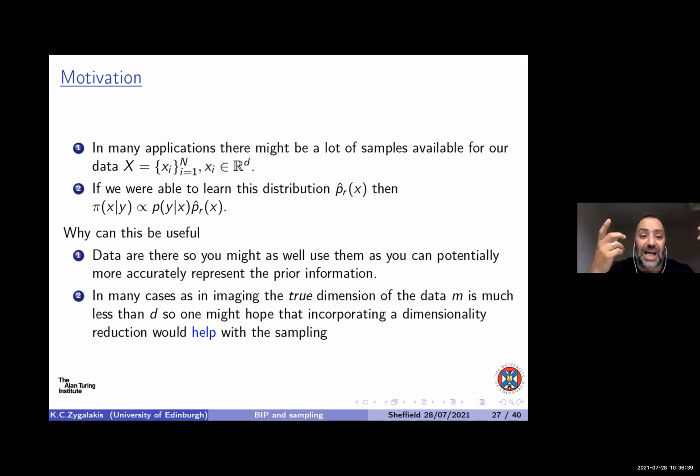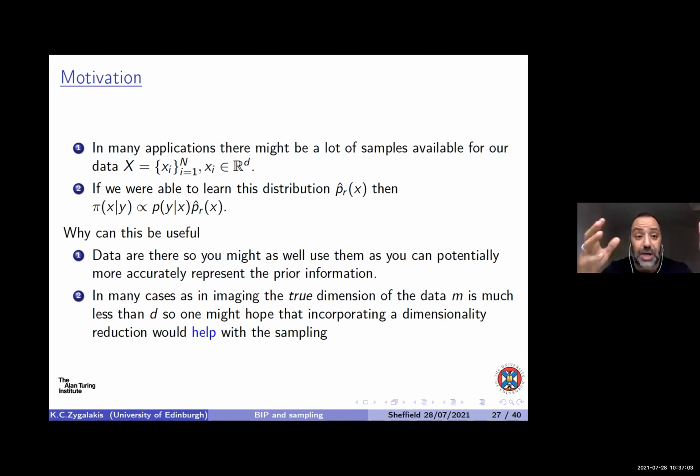Okay. Another reason why this might be interesting, and I'm going to show this to you on the MNIST example, is that the true dimension of the data is much less than the dimension that you're presented with. So for example, you might have an image that has dimension 10,000, but let's say the true dimension of that image is like 1,000.